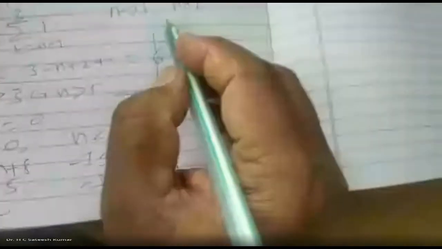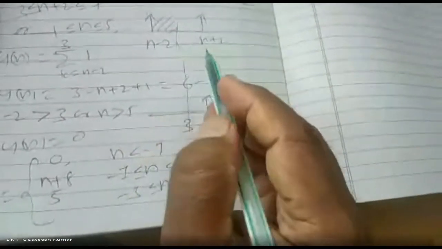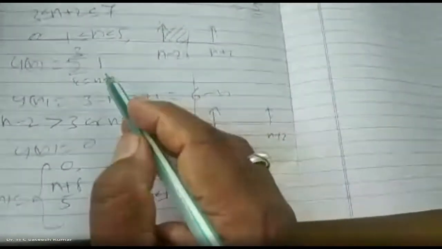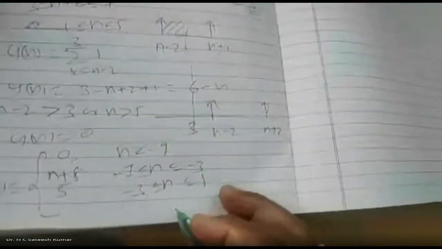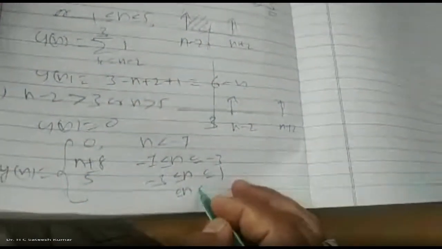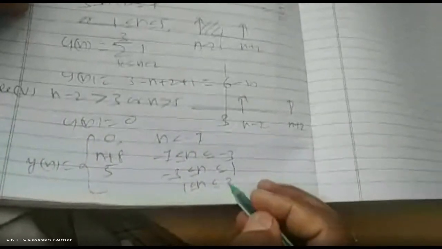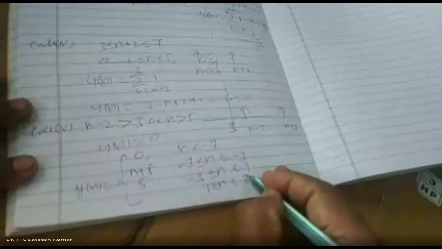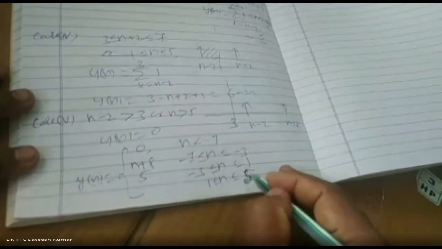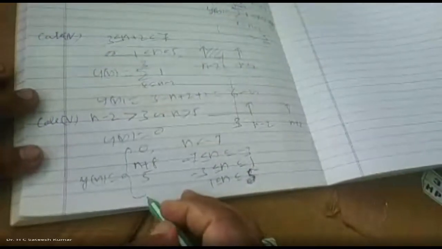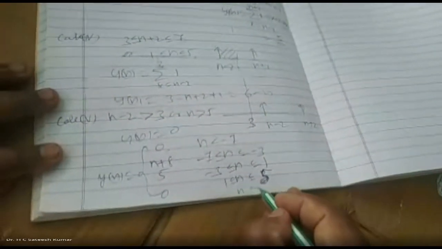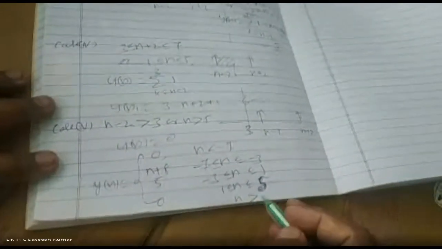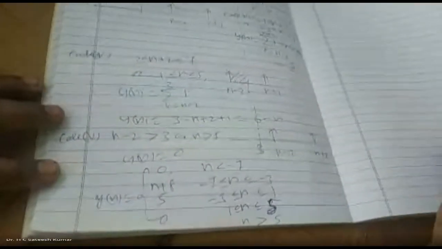Fourth case, n lies between 1 to 5. Answer is 6 minus n, and y of n is equal to 0 for n greater than 5. So cases you check it.